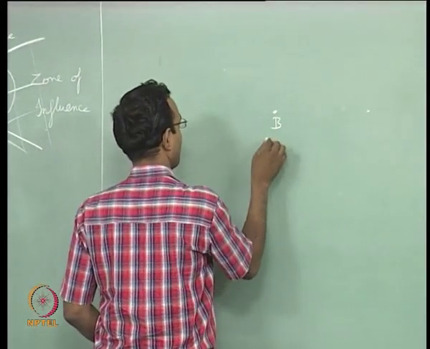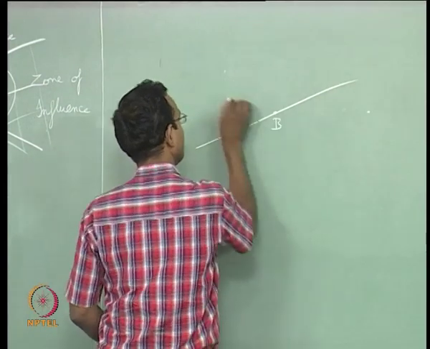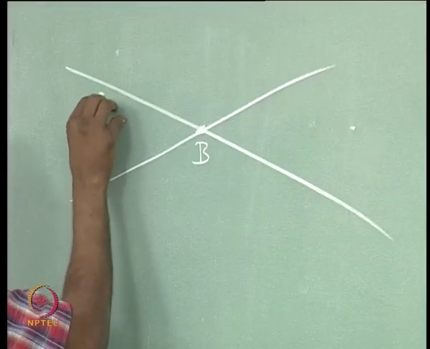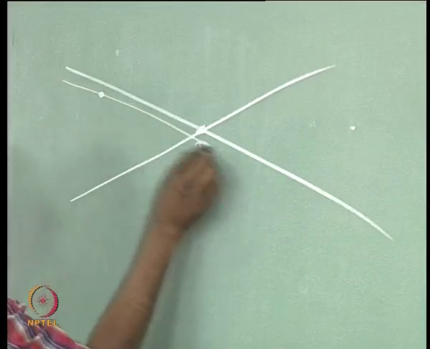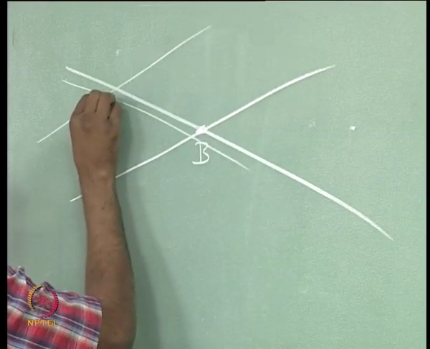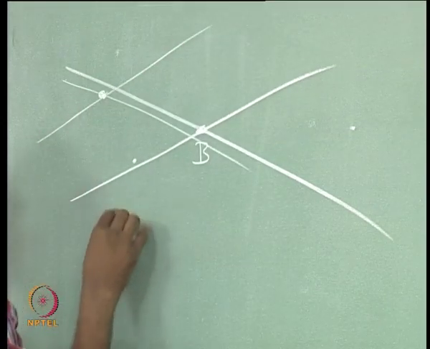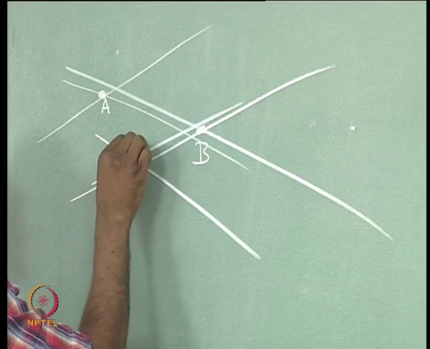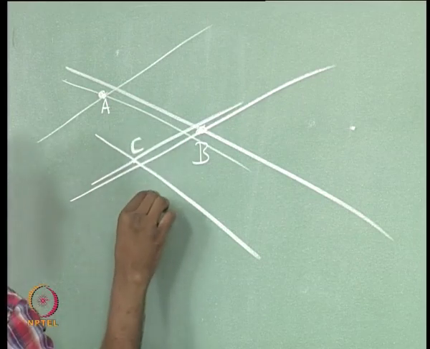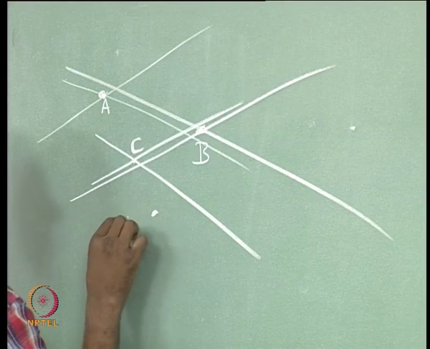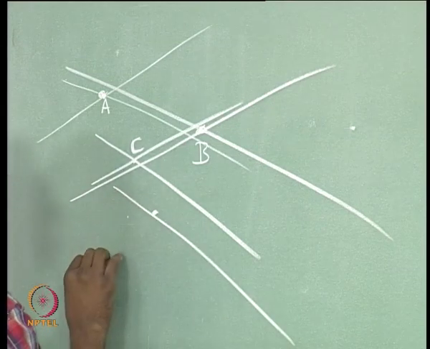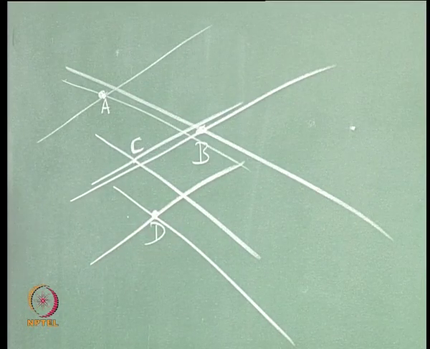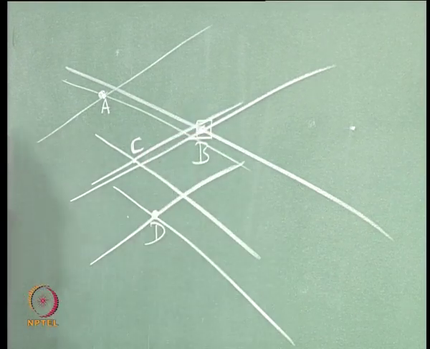I am going to say I am having that point B here, and I had another point A which will also be the same Mach number, which means it will be the same cone angle, and I pick another point C, and I picked another point D. Now we are interested in the point B, this is the only point we are interested in really.